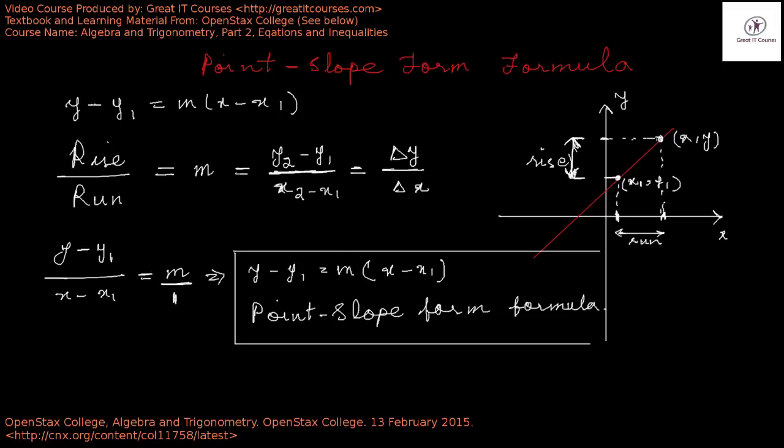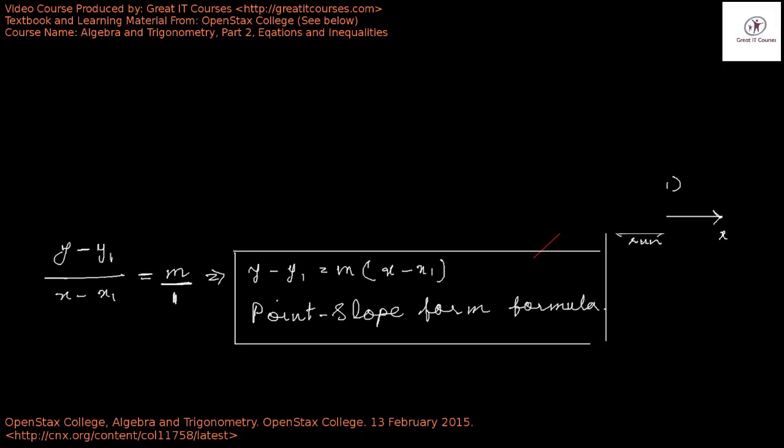So we still have some time here, so let's do one example to get some idea of how we can deal with this kind of problems. This is number 23-1, and let's do an example here. Find the equation of a line given the slope and 1 point. Example number 10.